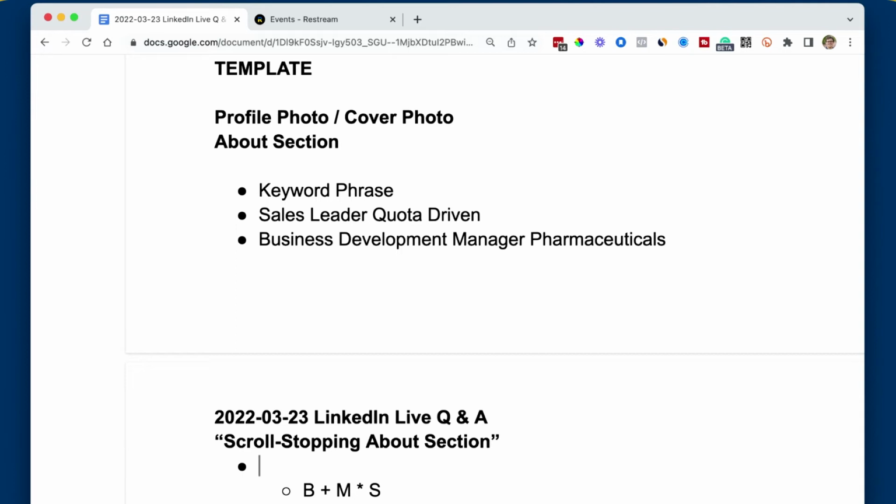Let's talk about supply chain manufacturing. Let's say this, engineer in the manufacturing space, or maybe even specifically CPG, consumer products, right?